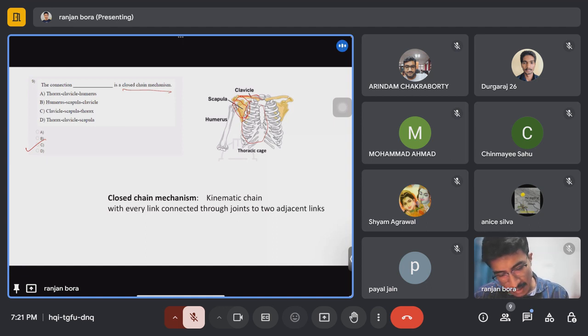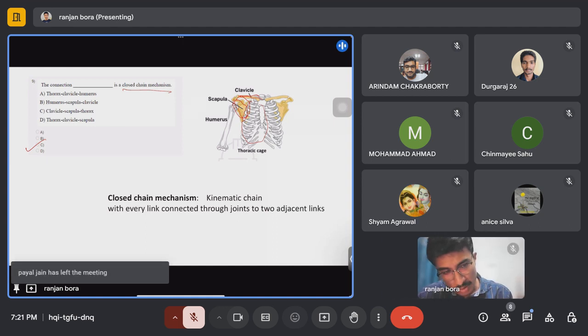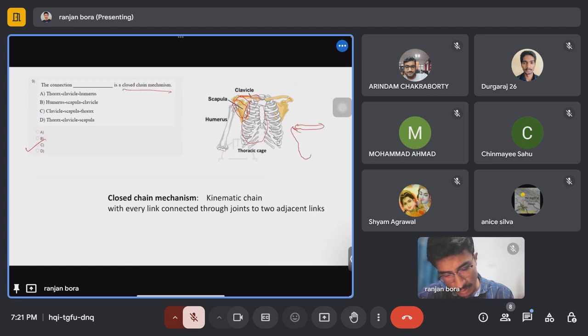this is the clavicle. I am drawing here. This is the clavicle, and connected to the clavicle there is scapula, and we don't see the connections here. We can see there is a connection to the thorax here with the clavicle.